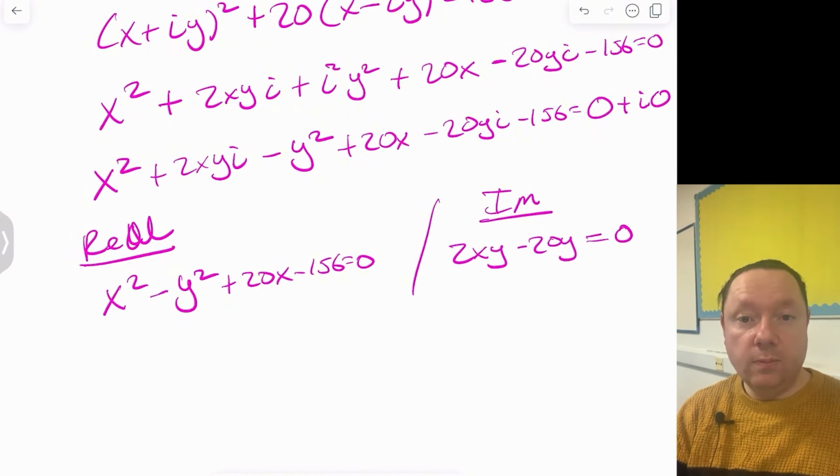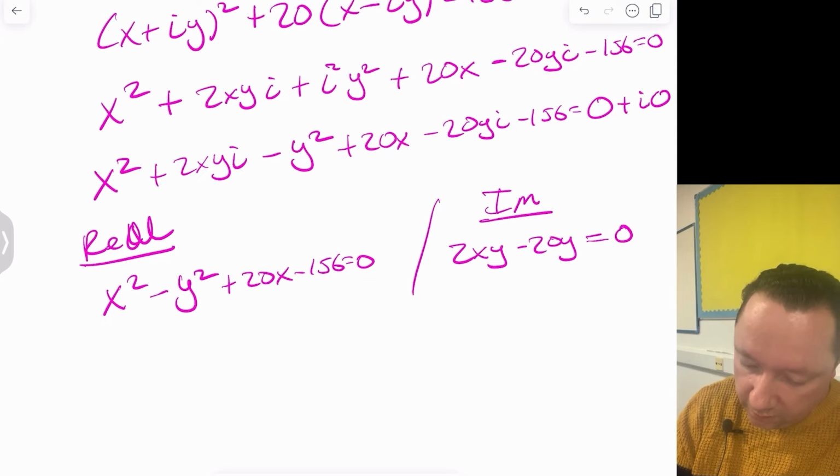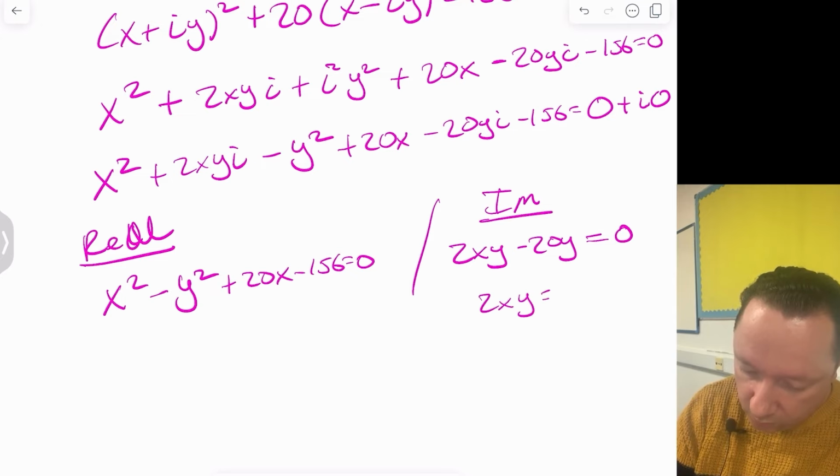So we can just solve them simultaneously. Looking at the imaginary part, because that's a simple one to solve, 2xy equals 20y, so the y's cancel, 2x equals 20, so x is 10 straight away.